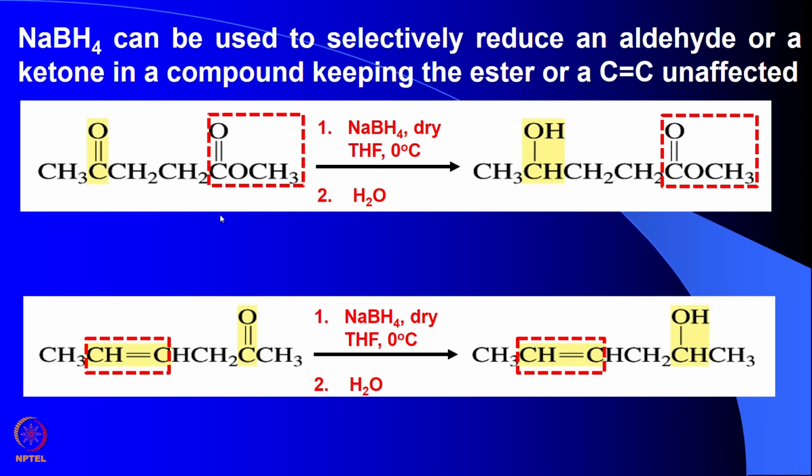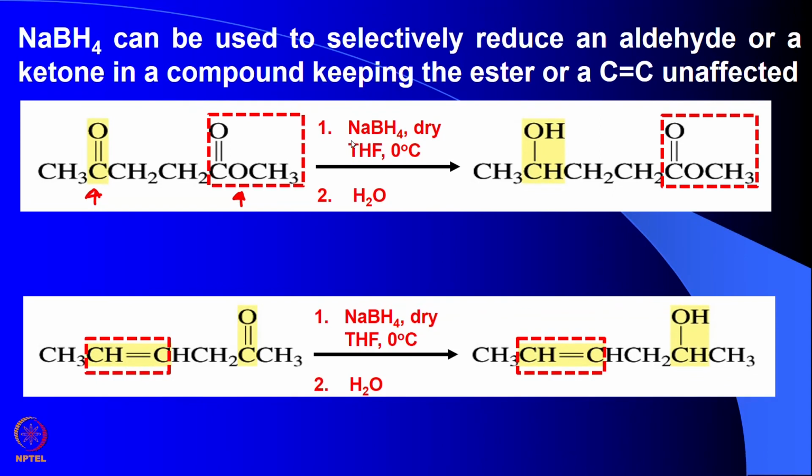This is the last example that we would like to discuss here: sodium borohydride can be used to selectively reduce an aldehyde or a ketone in a compound, keeping the ester or a C=C double bond unaffected. Suppose you have a carbonyl group here and another ester group there.